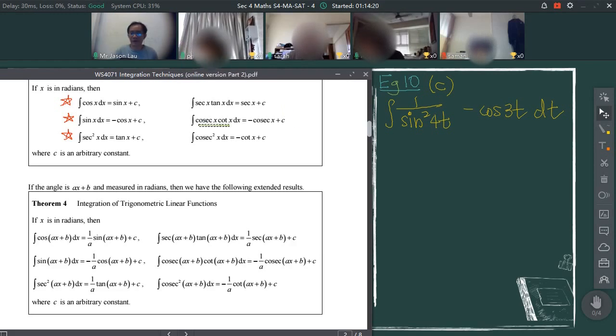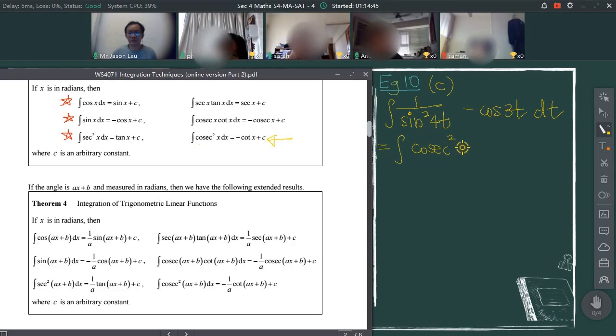Yeah, you'll find that the first term is a bit troublesome because it doesn't appear directly to us in the formula list. Okay, it doesn't appear there. Yeah, so but sine square, 1 over sine square is cosecant square. So you have to get a bit flexible, make it to cosecant square.